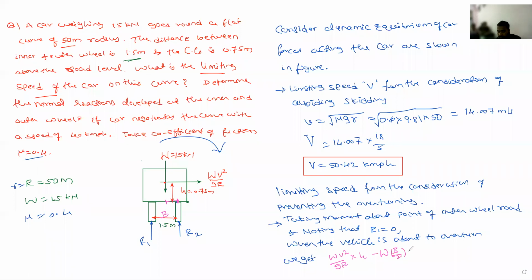This is equal to 0. So I will take W into B by 2 to the other side. What is remaining? W V square divided by G R into H is equal to W into B by 2. W gets cancelled, and B is remaining as it is.